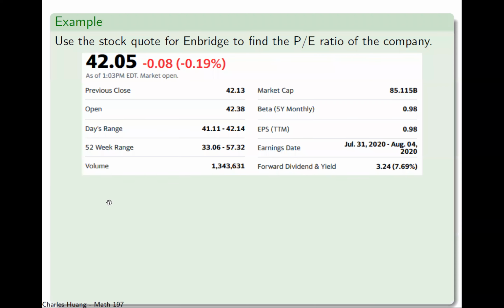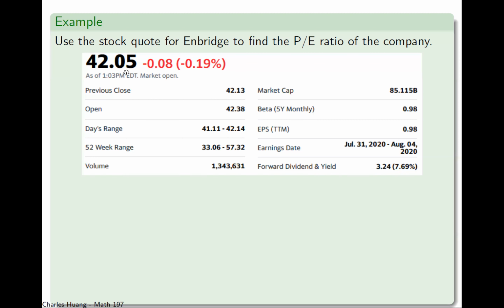Let's look at an example. Enbridge is one of the biggest oil and gas companies in Canada. Chances are, if you know someone driving a truck in Alberta driving oil around, they might have heard or worked for Enbridge at some point in their life. A few years ago, Enbridge's stock market quote looked like this. The big number up top is the price for one share.